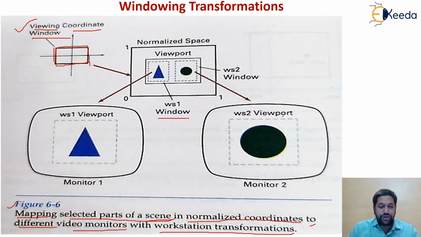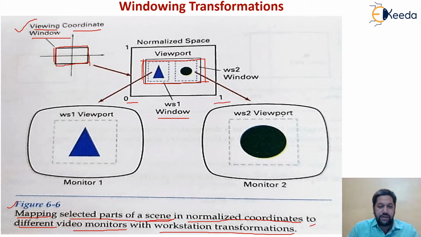Obviously it has workstation 1, and this is my workstation 2. Whatever picture I have captured in my window, this is the scene that I have captured through my world coordinate system, which is normalized between the points 0 and 1.